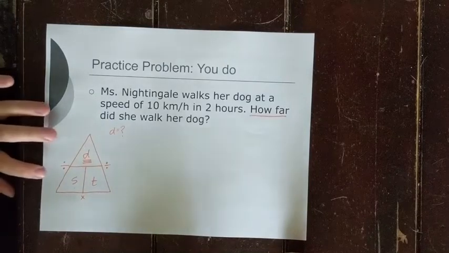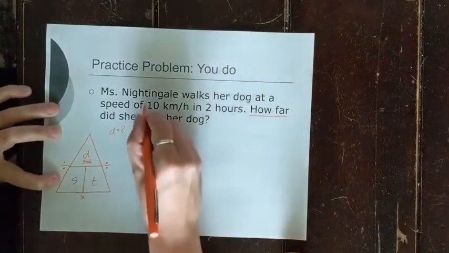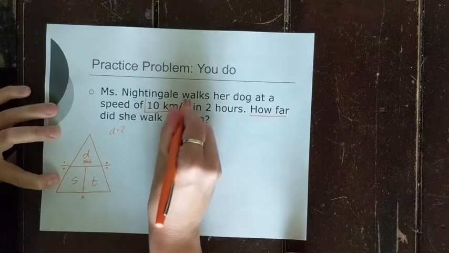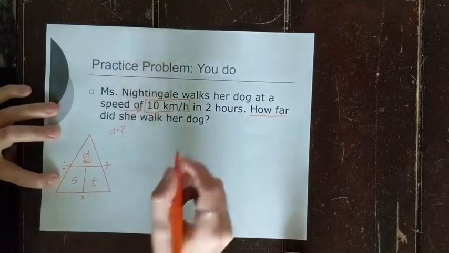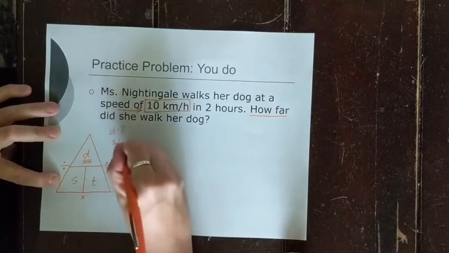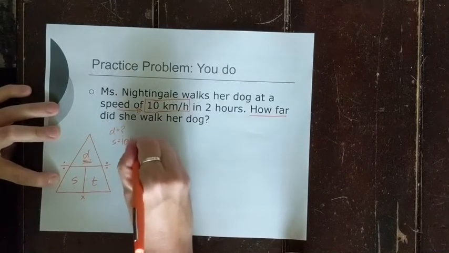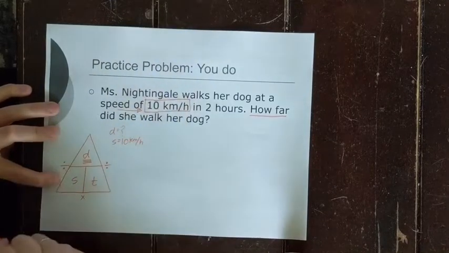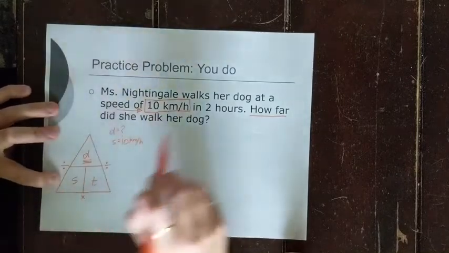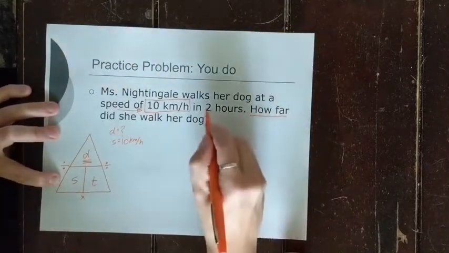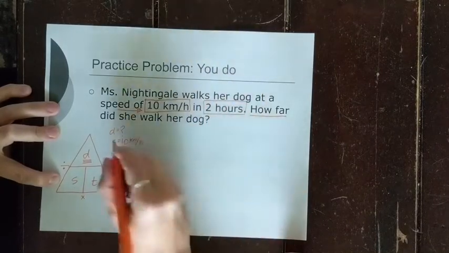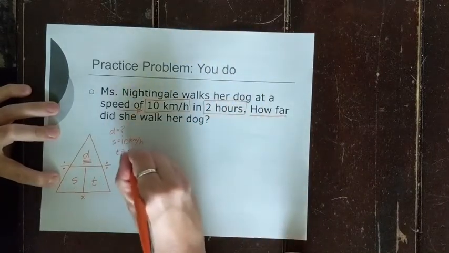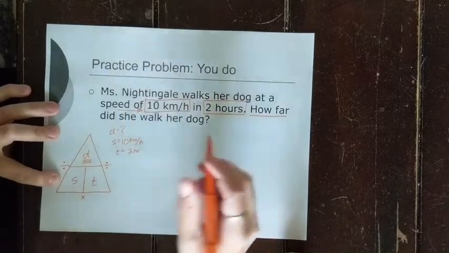All right, so let's look at that together. One of our numbers is 10 kilometers per hour. It says a speed of, okay? So we know our speed is equal to 10 kilometers per hour. Ms. Nightingale walks her dog at a speed of 10 kilometers per hour in 2 hours. That's a unit of time, so our time is equal to 2 hours.